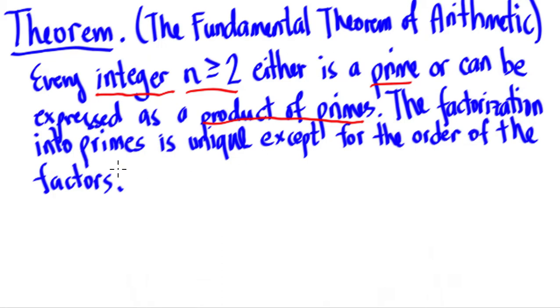Again, every integer starting from 2 is either a prime or can be expressed as a product of primes. The factorization into primes is unique. There's only one factorization of such primes except for the order of the factors.